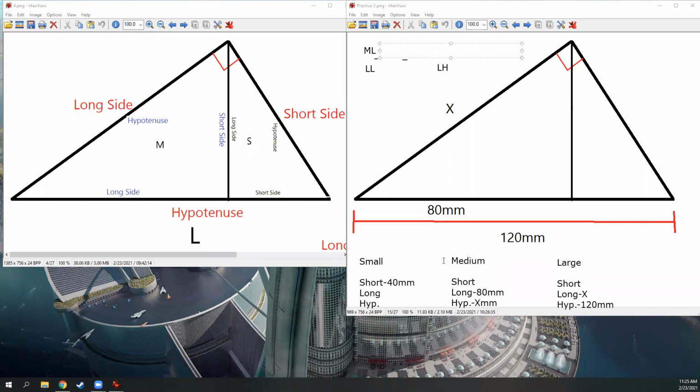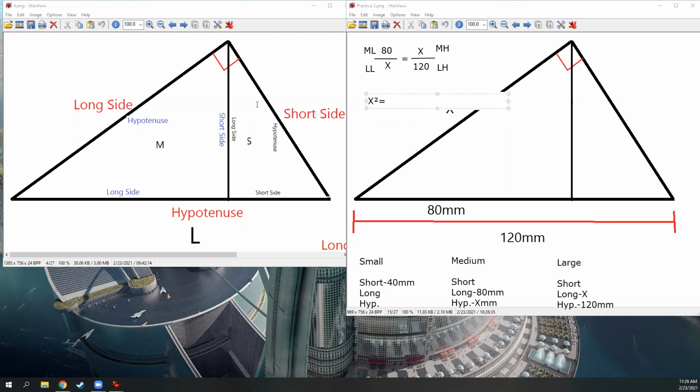Medium triangle's long side is 80. Large triangle's long side is X. Medium triangle's hypotenuse is X. Large triangle's hypotenuse is 120. Cool. So now we need to cross multiply. A number times itself, X times X, is going to get you X squared, right?